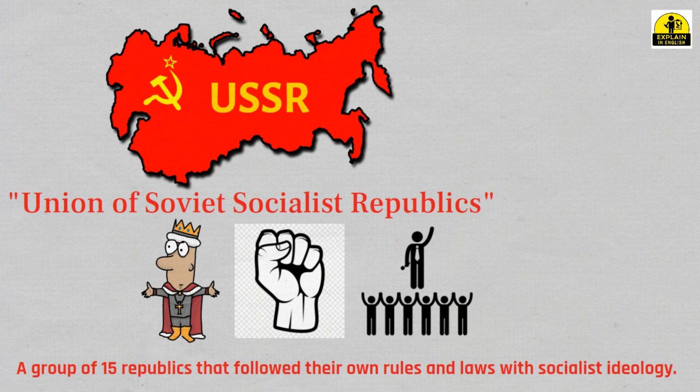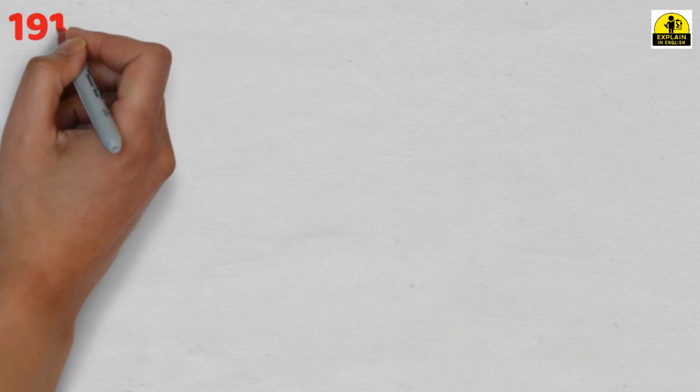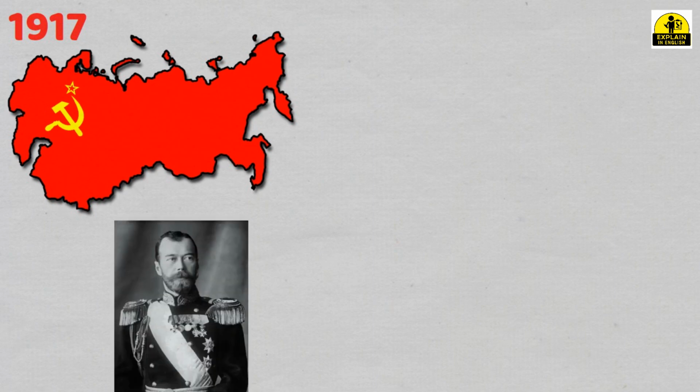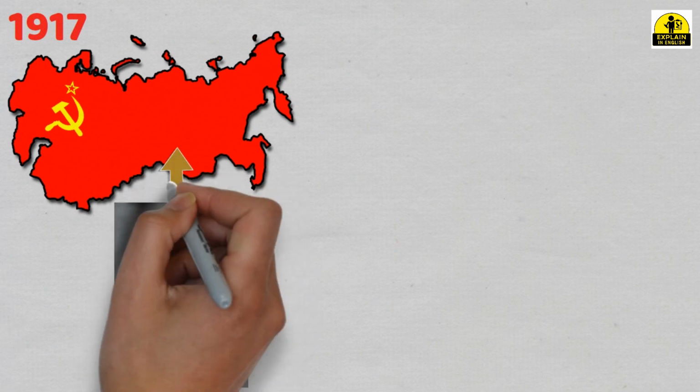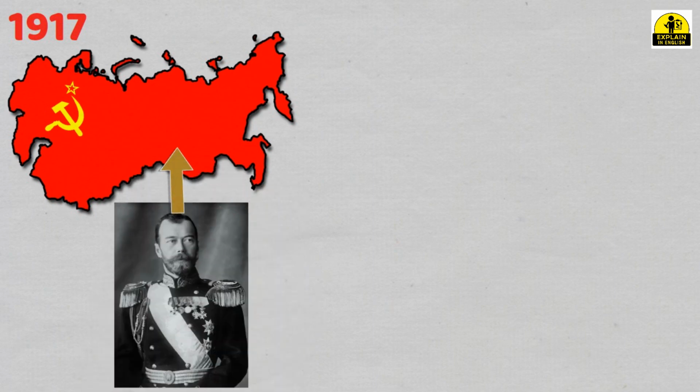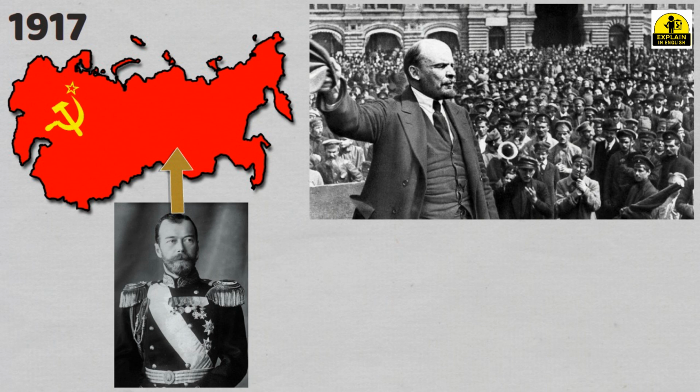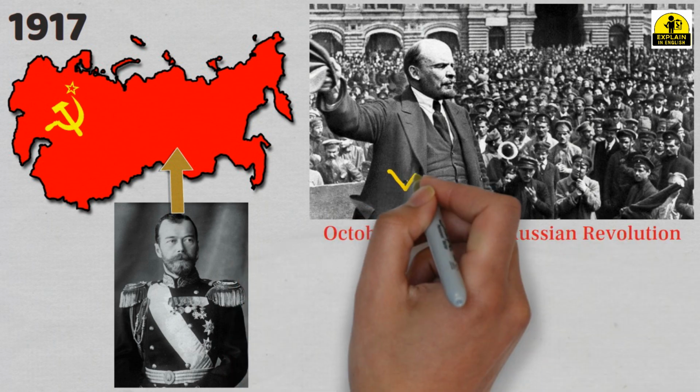When the First World War was going on in 1917, the king of the Russian Empire was Tsar Nicholas. The whole of the USSR was under Tsar Nicholas's reign. But in the year 1917, there was a Bolshevik revolution in Russia, which is also called the October Revolution or Russian Revolution, whose leader was Lenin.